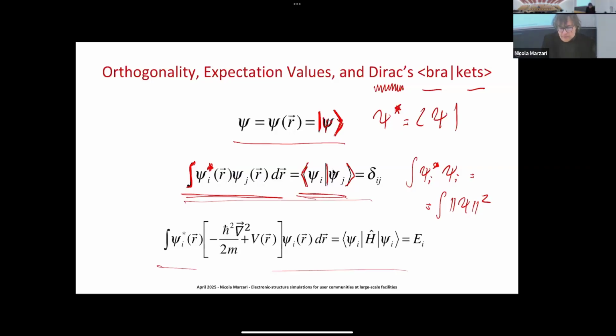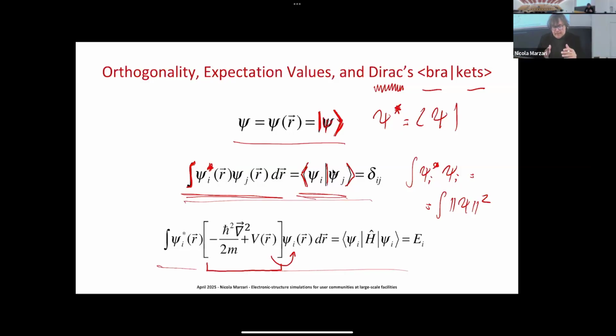And now that you're expert with the Schrödinger equation, you see that if we take the Hamiltonian operator and we apply it to a wave function that is an eigenstate of that operator, applying what we have in square parentheses to psi gives me a number times psi.